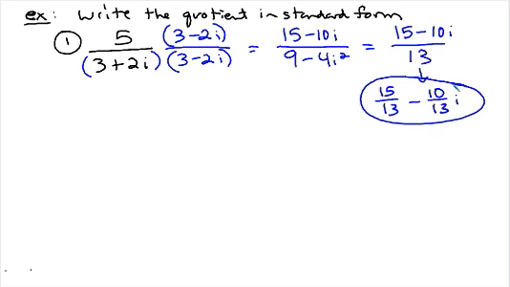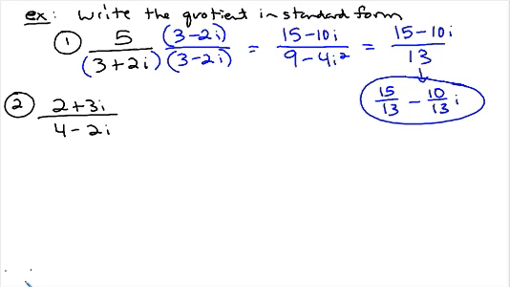All right, now, there could be a time where when you multiply by this conjugate, I just want to make you aware of this. If they give you a problem like this, 2 plus 3i over 4 minus 2i, our process is the same.